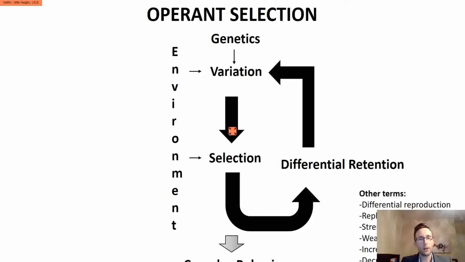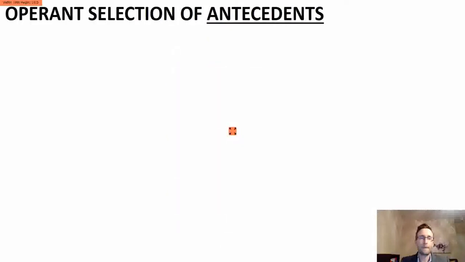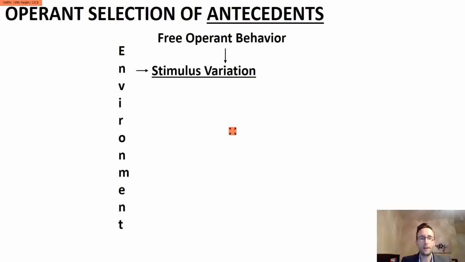So we've talked about operant selection before like this, and as we did now, we focused on how the consequences in the environment select variations in behavior. But operant selection also affects the functions of antecedent stimuli. So antecedent stimuli can be selected by the environment as well.